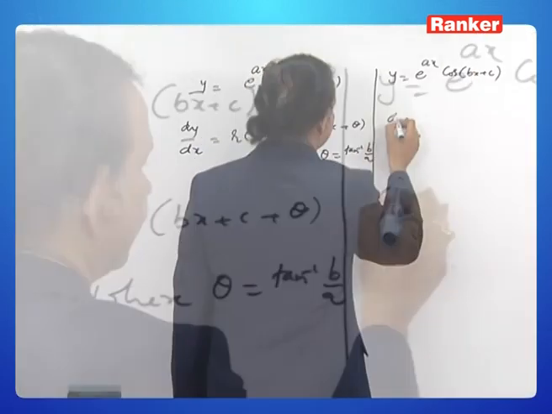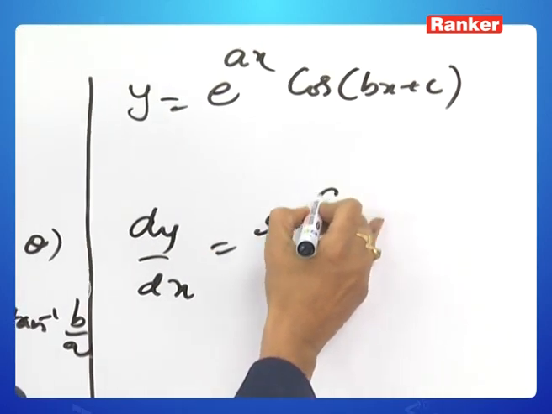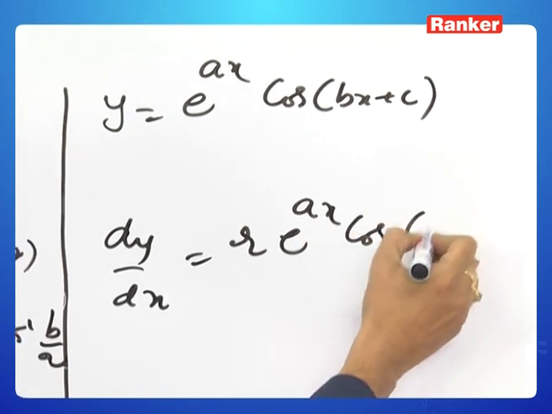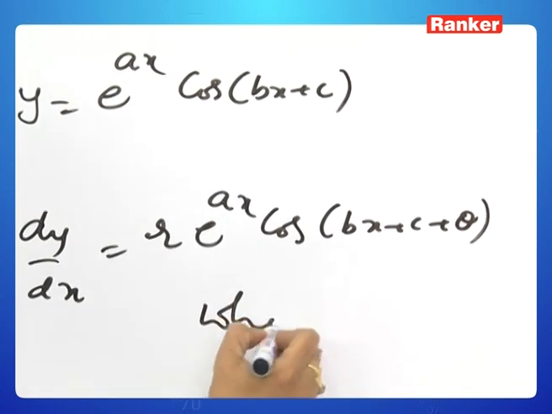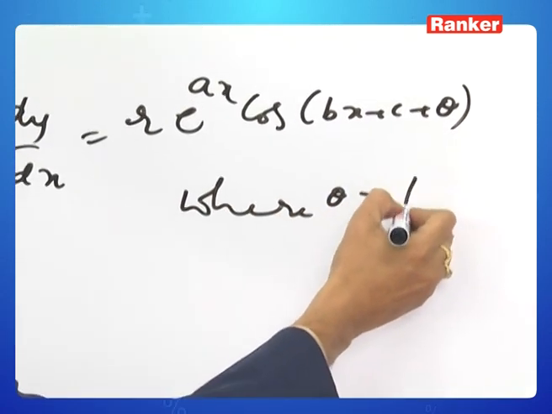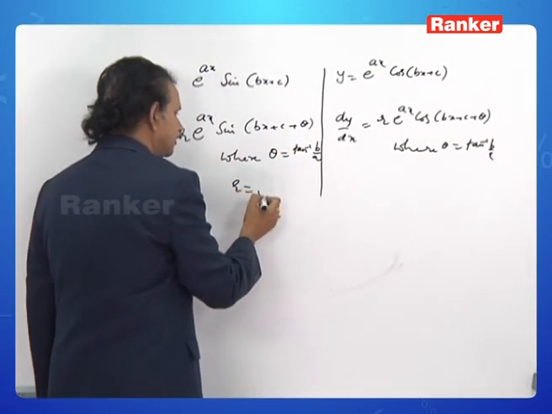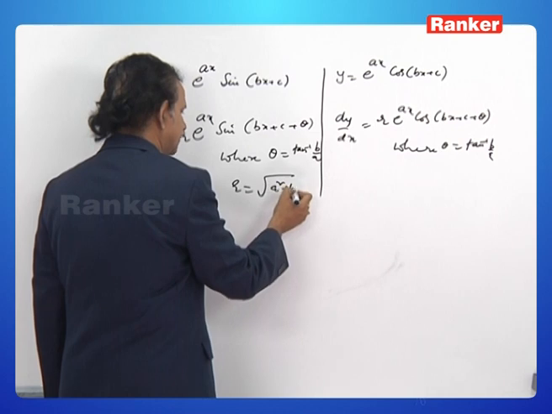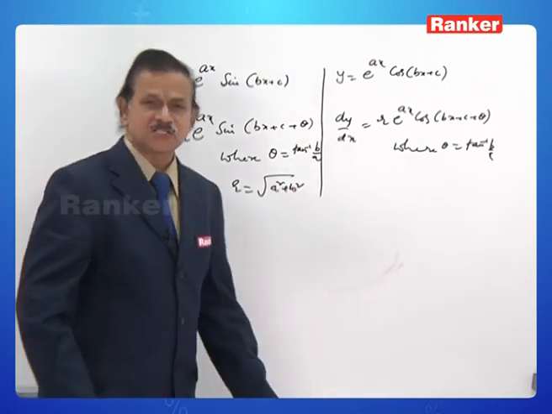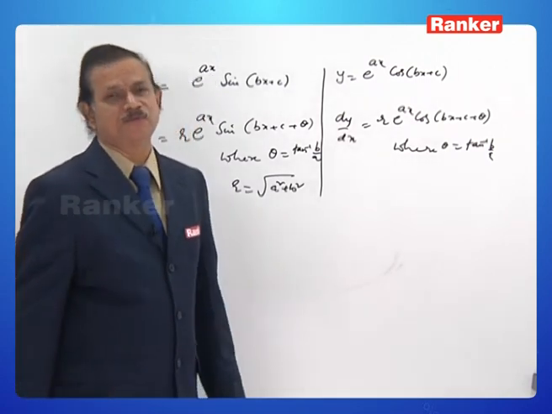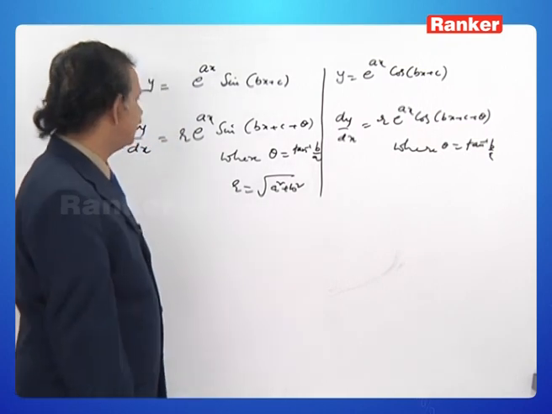Similarly, dy by dx is equal to r into e power ax into cos of (bx plus c plus theta), where theta is equal to tan inverse b by a and r is equal to root of a square plus b square. And its proof can be made very simple if you imagine a complex number in the place of x.